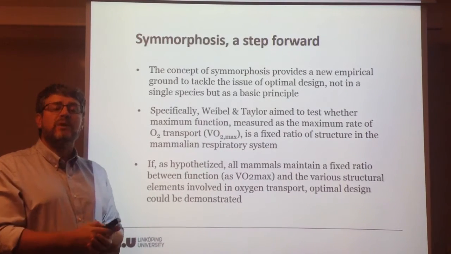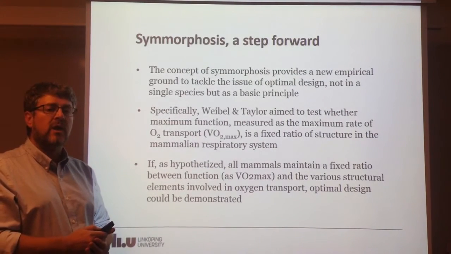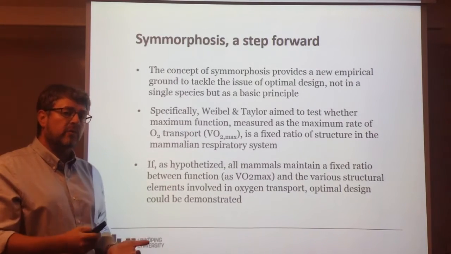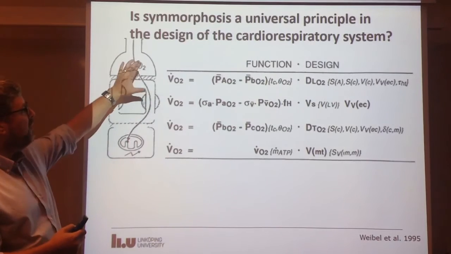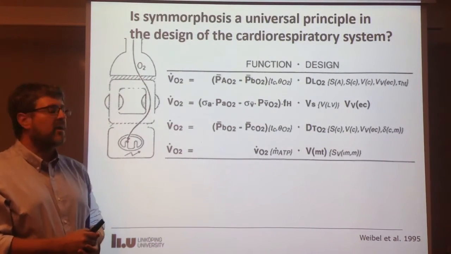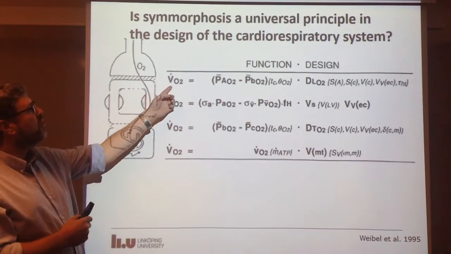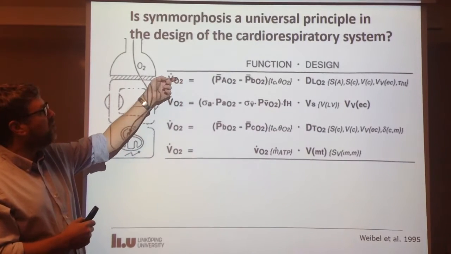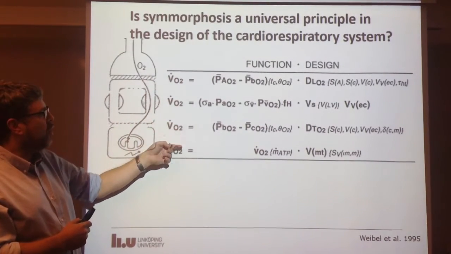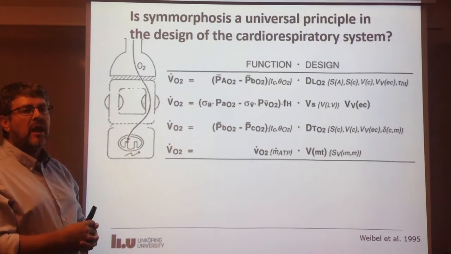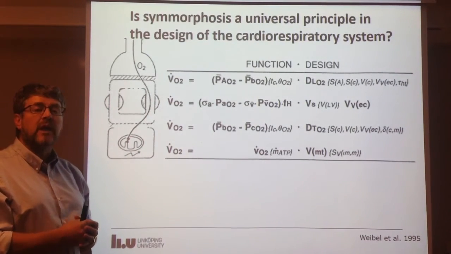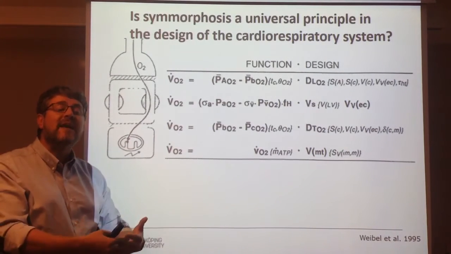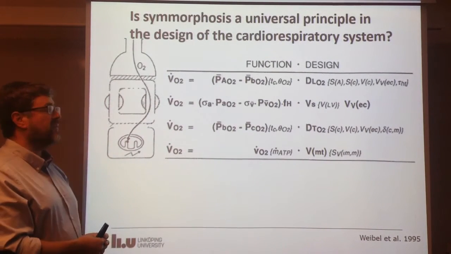And they set up to test this hypothesis using an extensive set of tools that can be summarized down to this level, in which the oxygen transport across each one of the steps in the oxygen cascade is represented by a given function that includes all the elements affecting oxygen transport in that step.